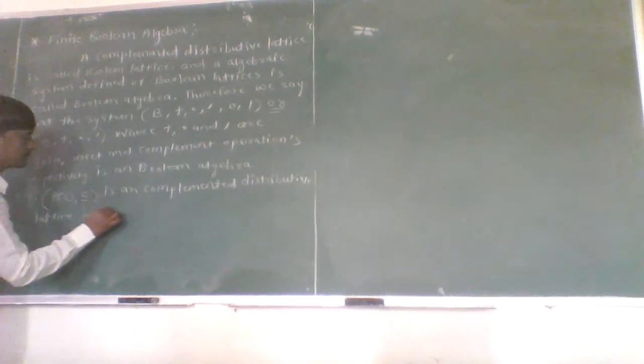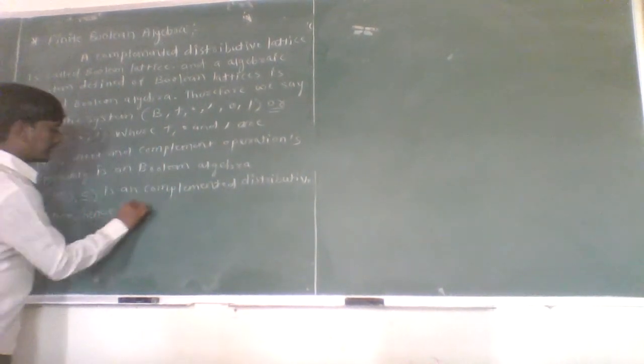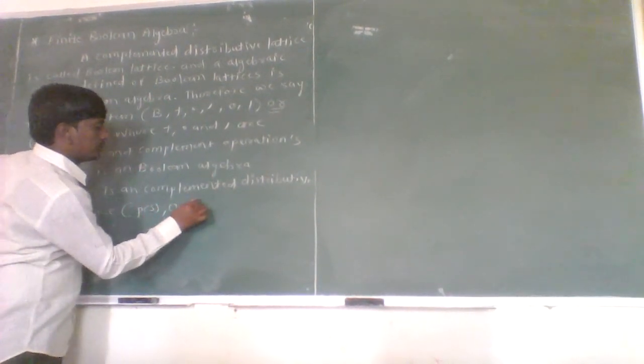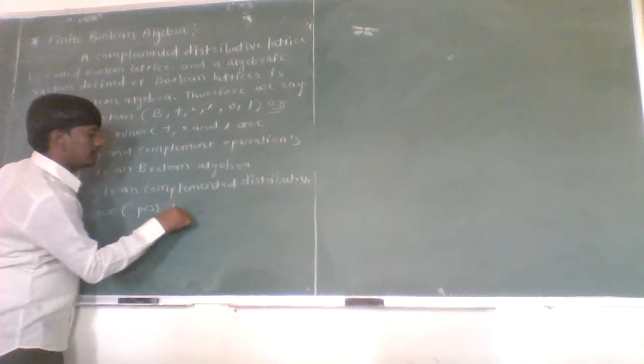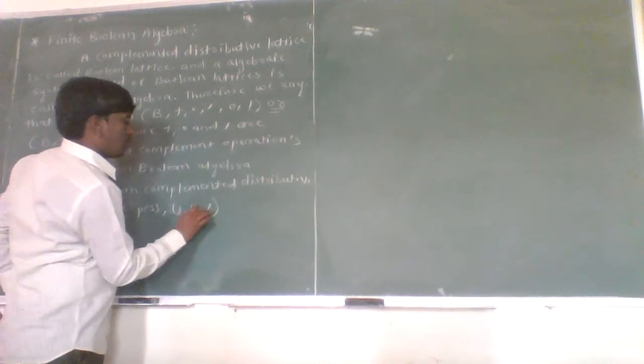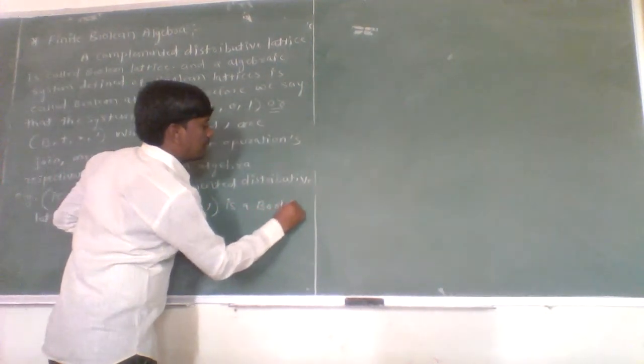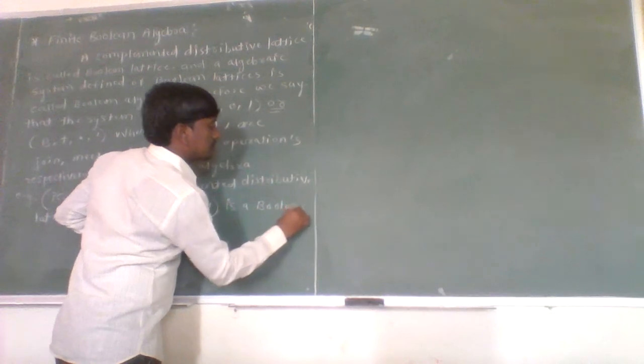As this is a complemented distributive lattice, by the definition of Boolean lattice, the power set of S with inclusion relation is a Boolean lattice. Therefore, hence, the power set of S with union, intersection and complement is a Boolean algebra.